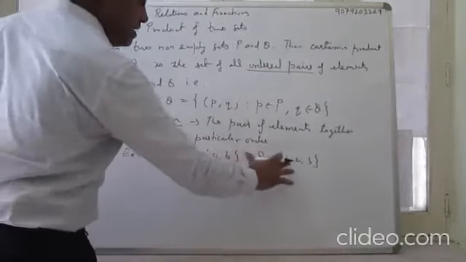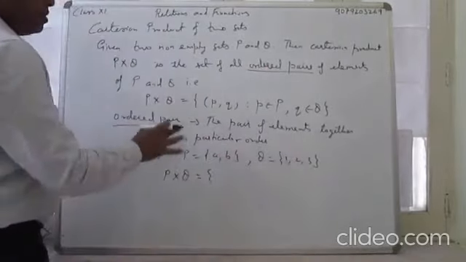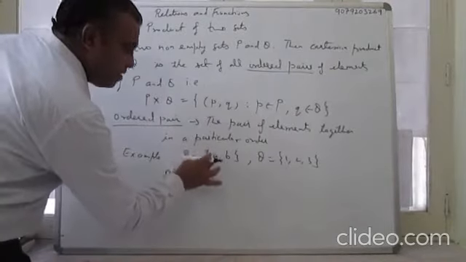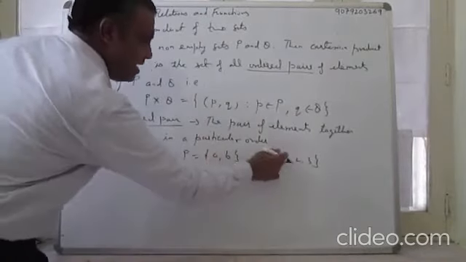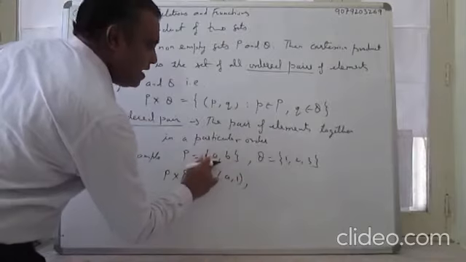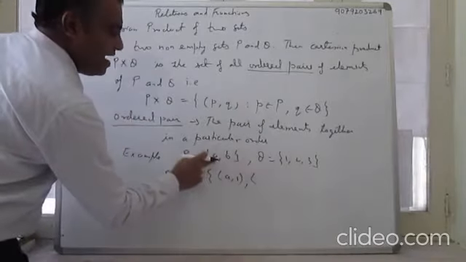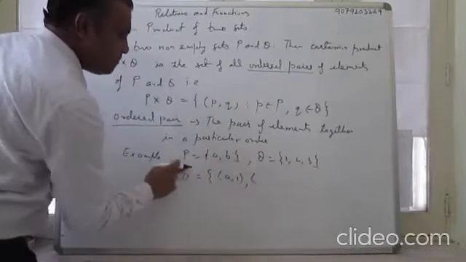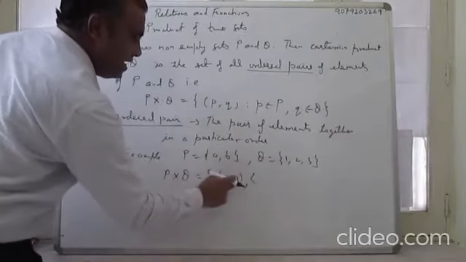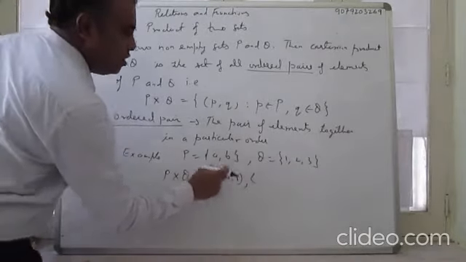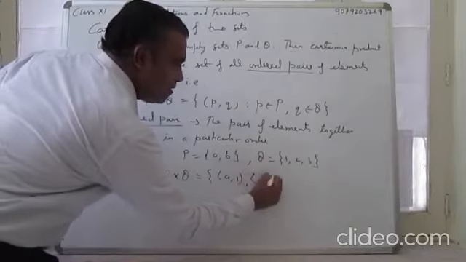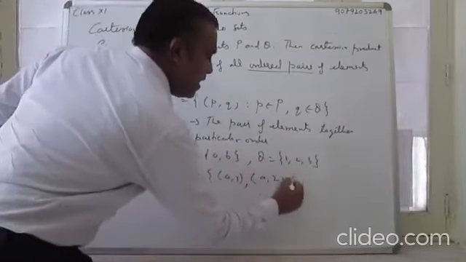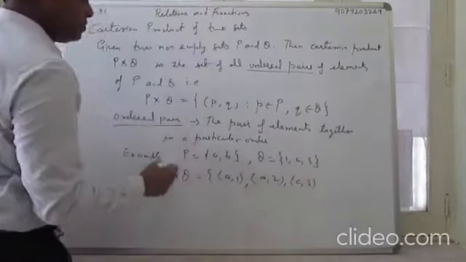We have to write all the ordered pairs of all elements of P and Q. So if I take element A of P and 1 of Q, in an ordered pair the first element always represents set P and the second element always represents set Q. Now again (A, 2), (A, 3).